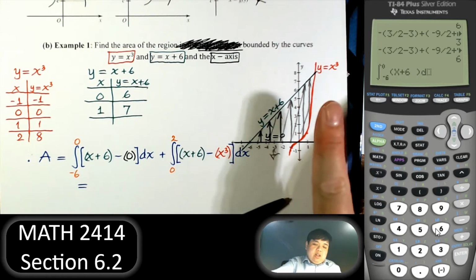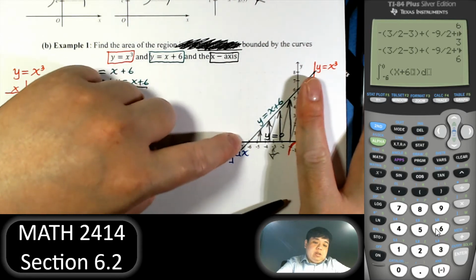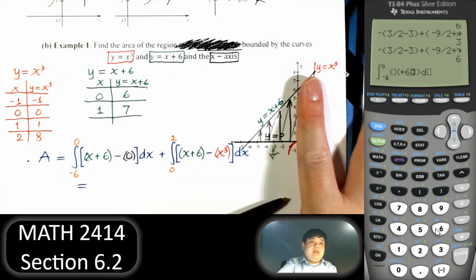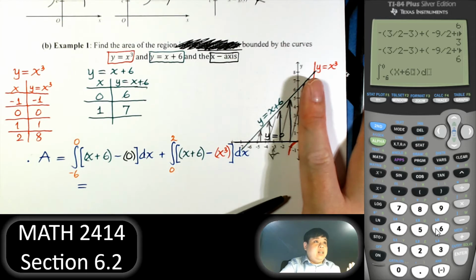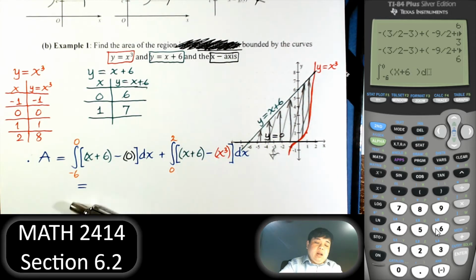By the way, this is a triangle. I can tell you it is 1/2 base times height, 6 times 6 divided by 2, so that is 18. We don't even need the integral, but if we want to, of course, that's 18.